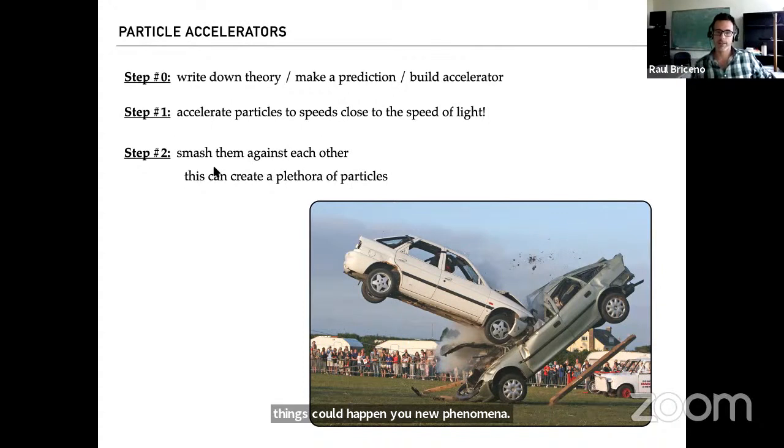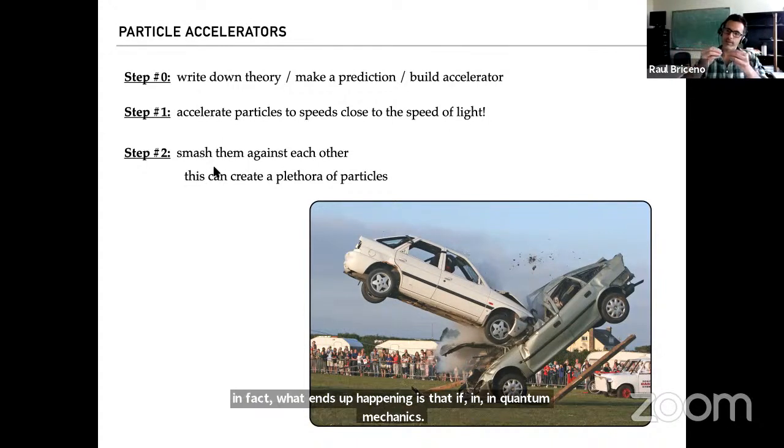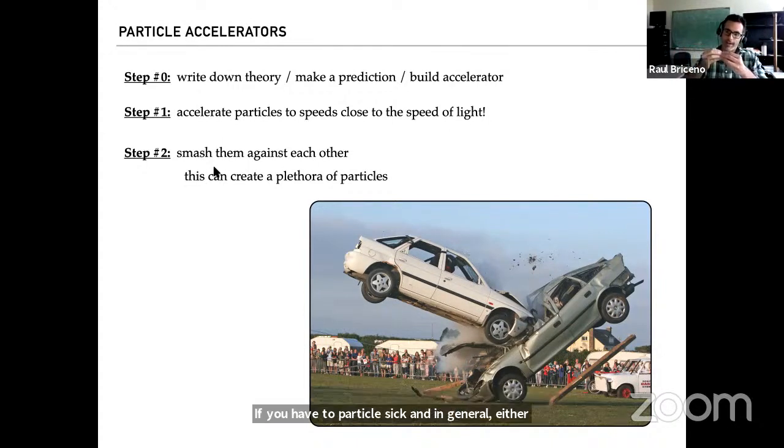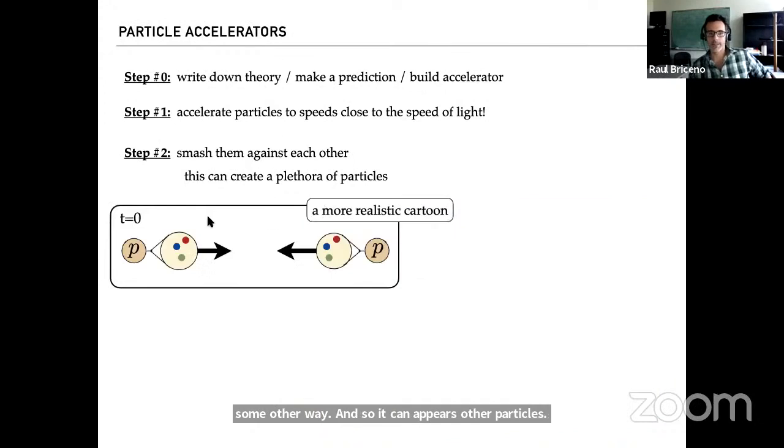In quantum mechanics, two particles can annihilate each other completely and then create other particles, because energy has to be conserved. We already touched on this: energy always has to be conserved, and momentum always has to be conserved. So if two particles are annihilated, that energy has to appear some other way, and it can appear as other particles.